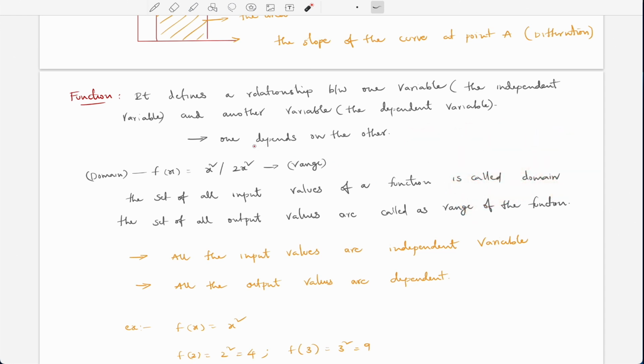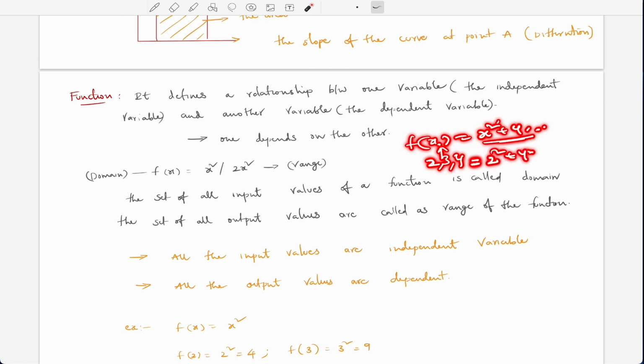I just want to give a better example, don't worry. As of now, a function defines a relationship between one variable, which is the independent variable, and another variable, which is the dependent variable. So we have a function like this. This is independent, and this is dependent, right? If I put in 2 or 3 or whatever it may be, these are the inputs, and we plug in these values right here.